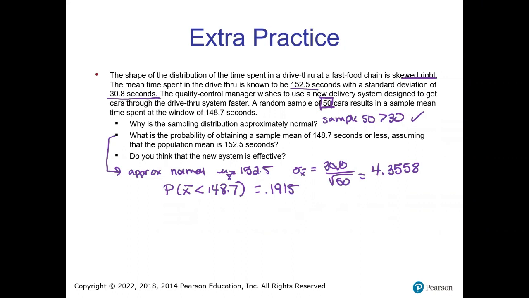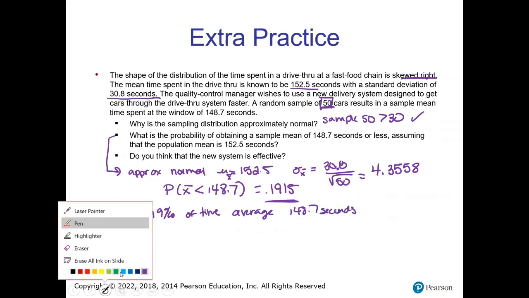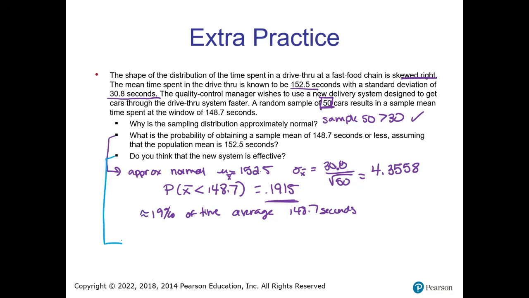To get a sample mean smaller than 148.7 seconds, we get that on average about 19% of the time. So about 19% of the time, we would have an average of 148.7 seconds. So let's think about this here. Do we think this is effective?